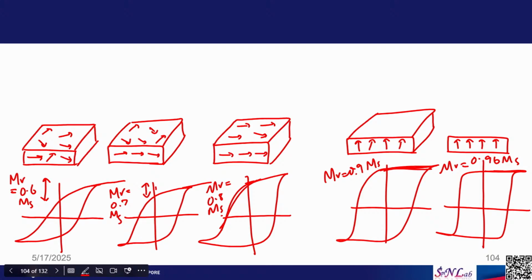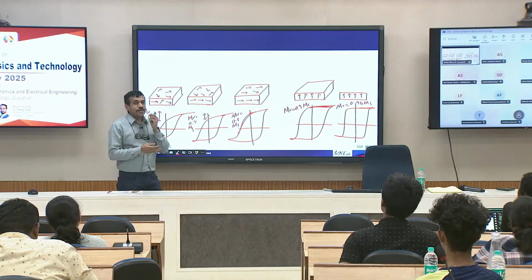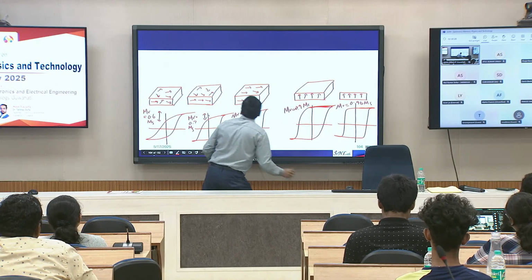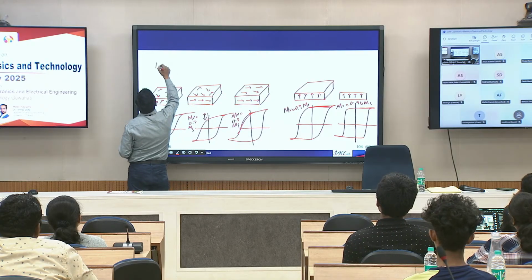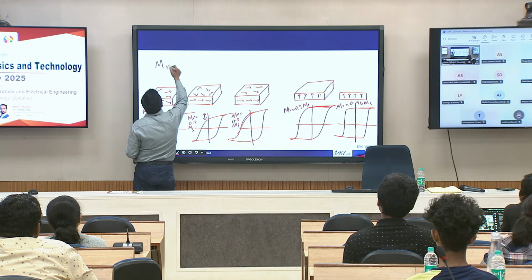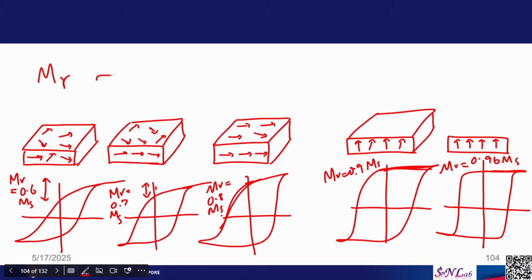Okay, so during the break there was a question whether the MR of polycrystalline films, how close they can come towards MS in polycrystalline films.